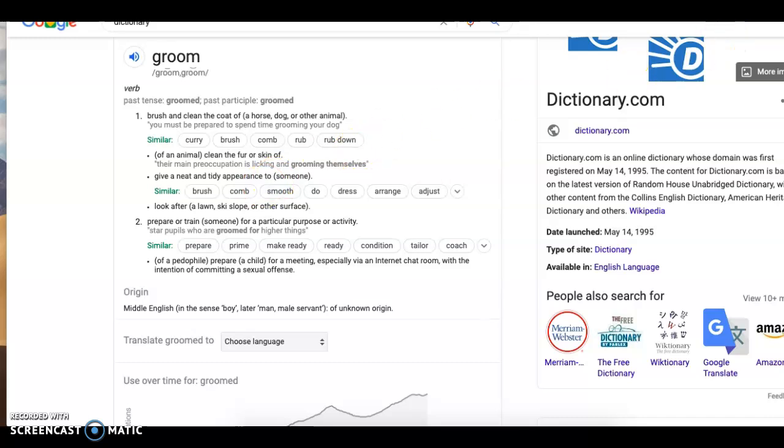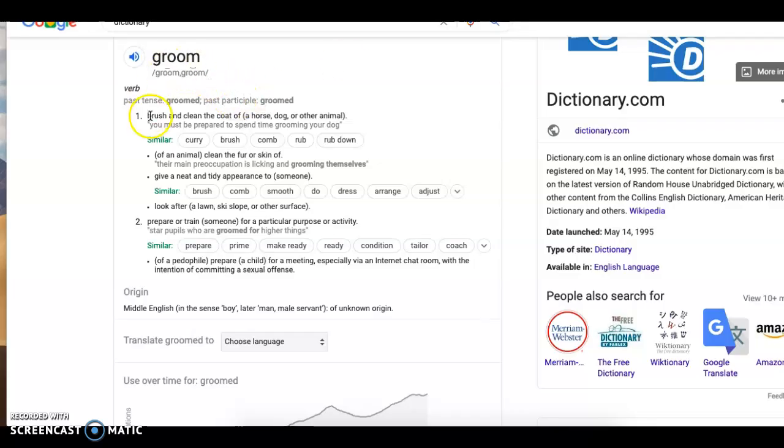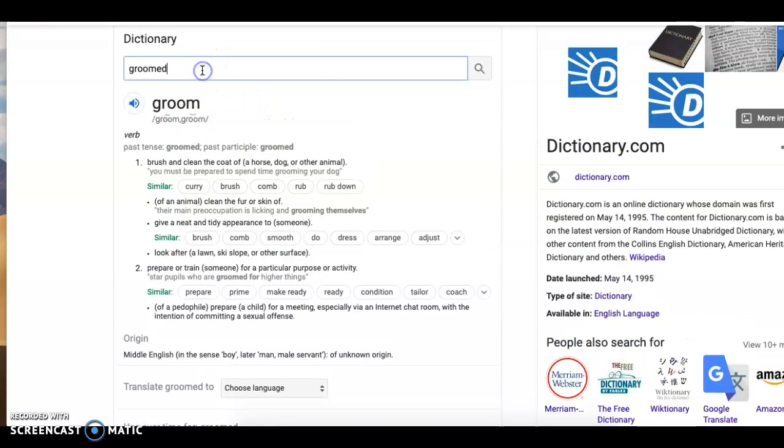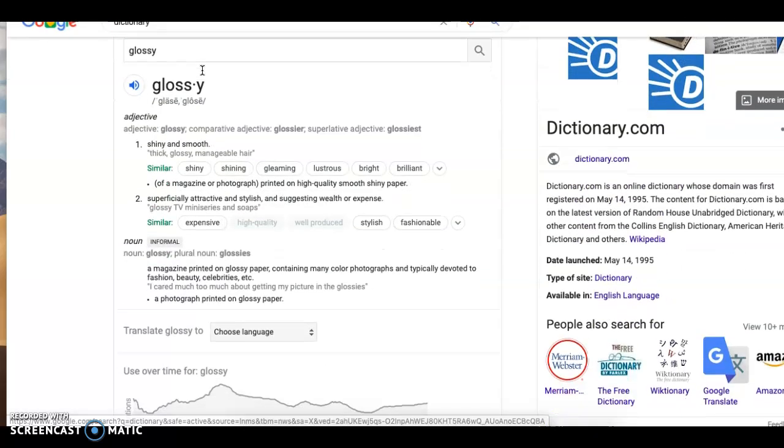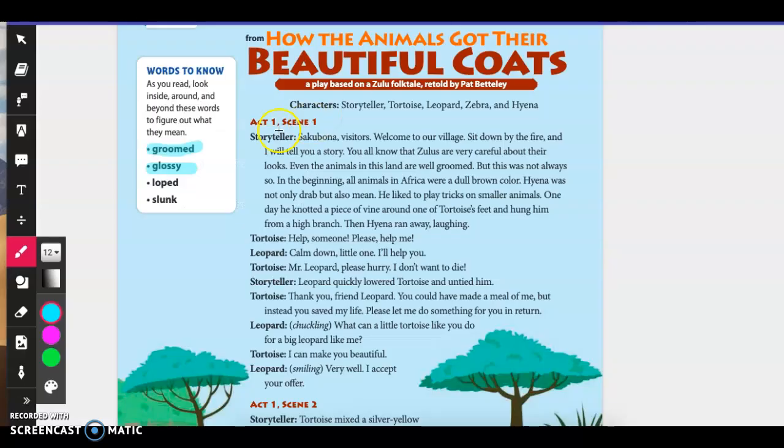So let's go back to our reading for today, and the next word is glossy. And if we look up the word glossy, we see that the meaning of the word glossy means shiny and smooth.